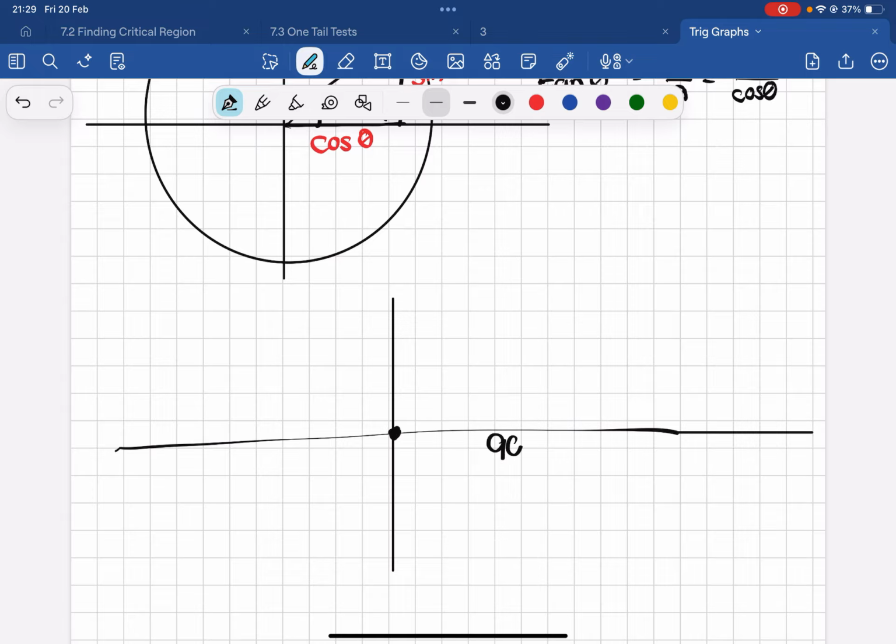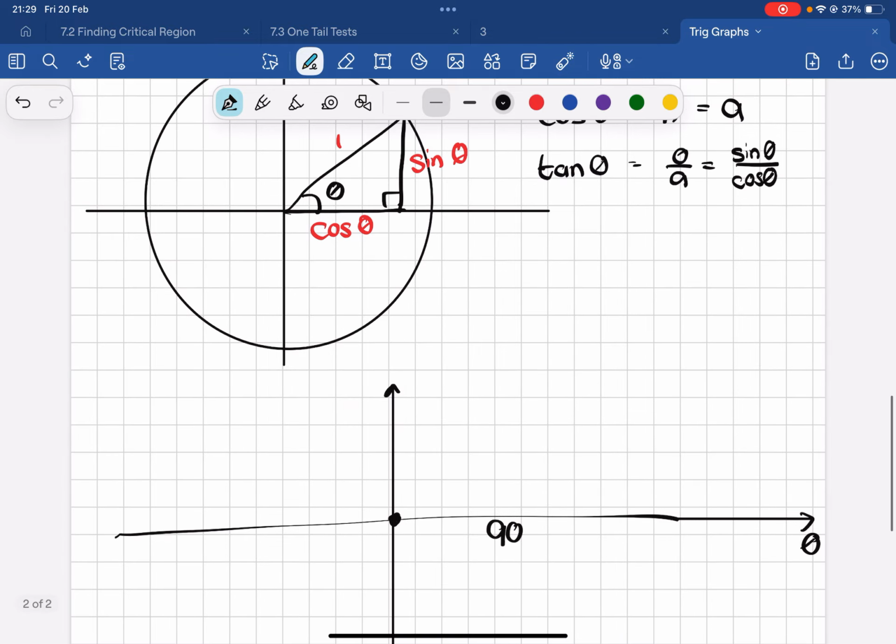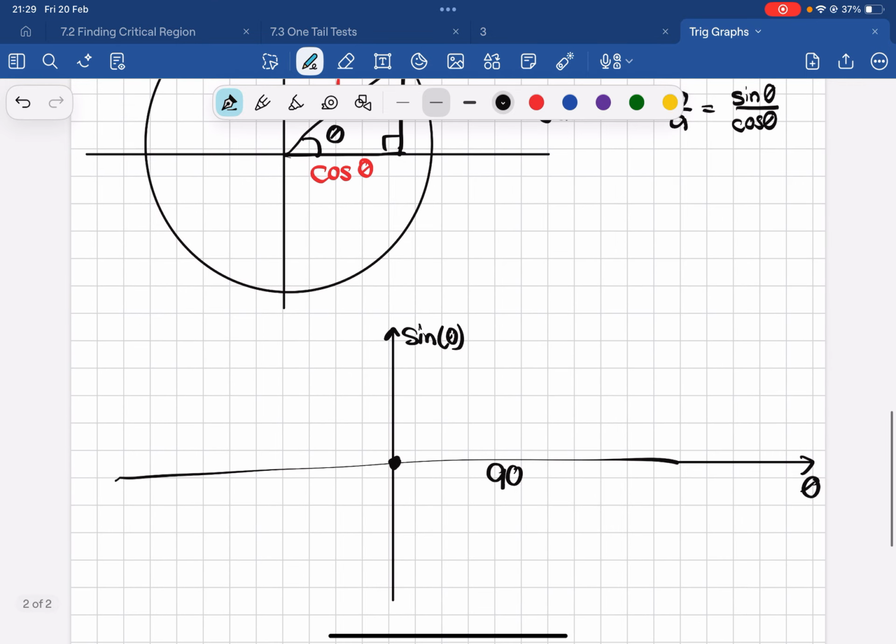So let's put 90 on the x-axis. Let's call this theta, and here we just call this sine theta. Let's call this 1, and we're going up to 1 like this.